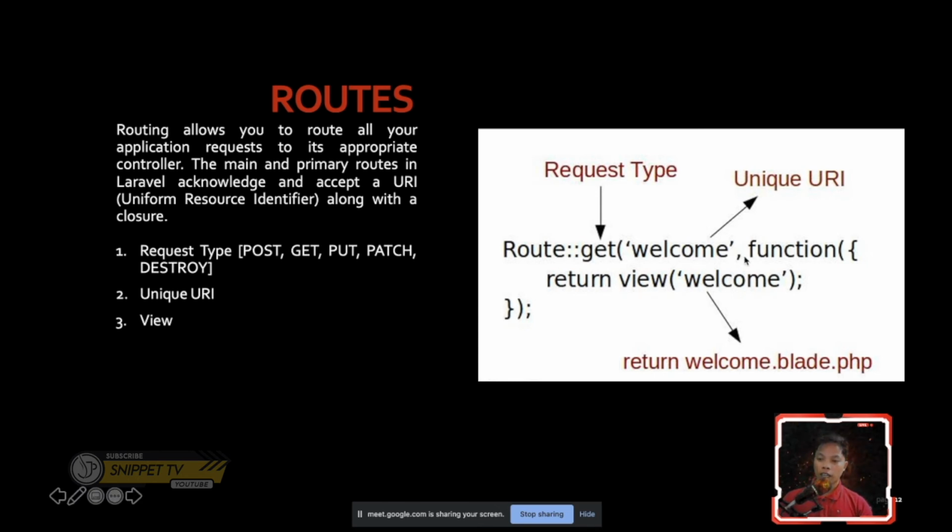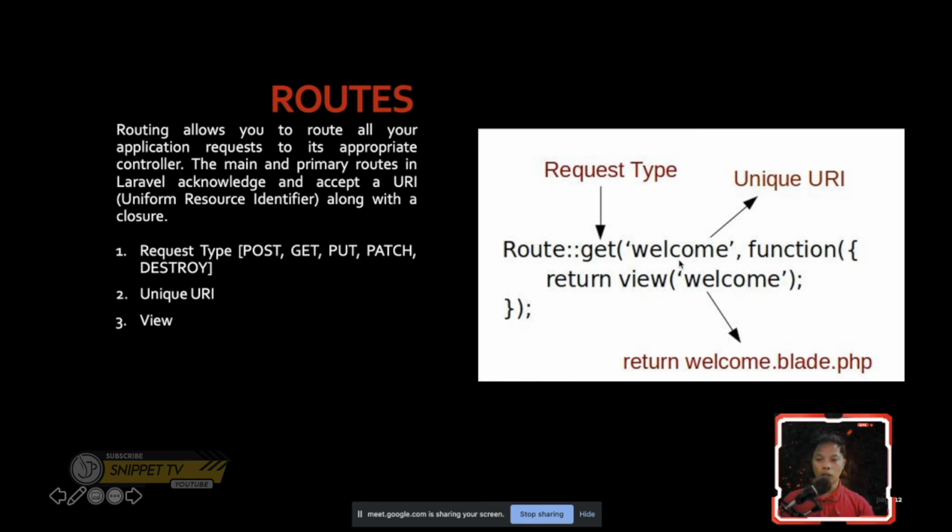Okay. And then, ito na yun, function. Okay, naka-closure kasi sa akin, nakaganyan. Pero, later on, na-explain natin yung mas simpleng paraan para ma-display natin siya dun sa ating controller. So as you can see, eto, diretso siya, di ba? Nakaget siya, tapos meron siyang URI. Ang sabi dyan, this is unique actually. So dapat ito ay hindi sila magkakapareho.